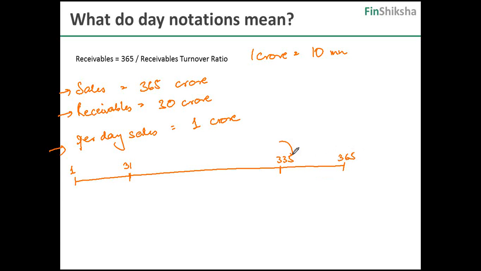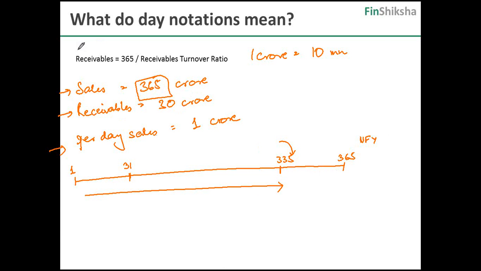Whatever you sell after this, the 336th, 337th, 338th day, will be received in the next financial year. It will not come in this financial year, correct? So this means that while you sell 1 crore every day, which accounts for 365 crore worth of sales, you collect only 335 days worth of sales. The rest of the sales is outstanding.